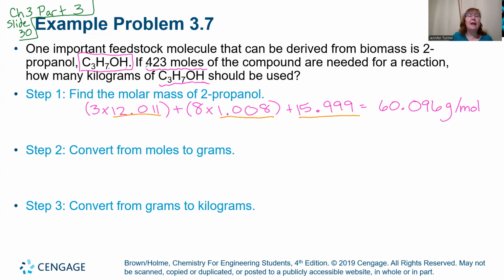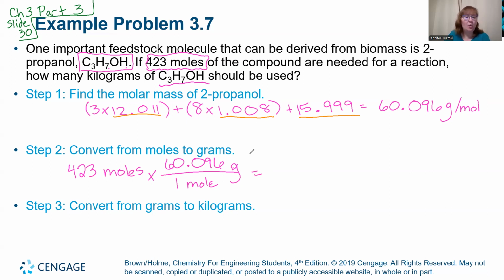So here we take our given value for our moles, and that's 423 moles. And now, because we need to cancel this out, we have 1 mole on the bottom, and that cancels out our moles, and our molar mass goes on the top, 60.096 grams, because that's what that means, grams in a single mole.